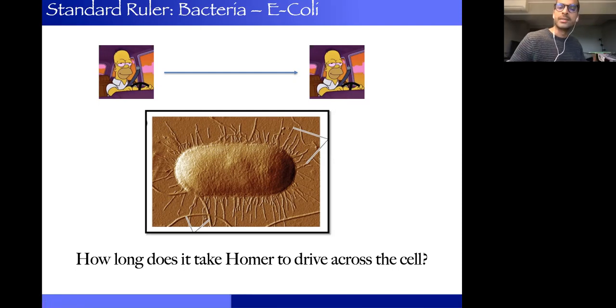How long does it take Homer to do it? What are the factors that control how the molecule is going to diffuse? Is it going to be a Brownian random walk? If it is a Brownian random walk, is that consistent with what we know of the timescales of biological function?